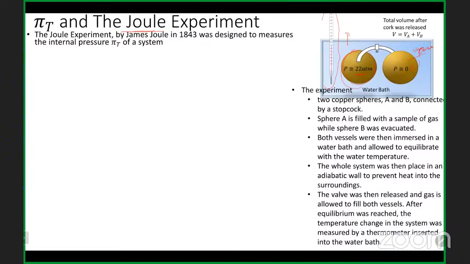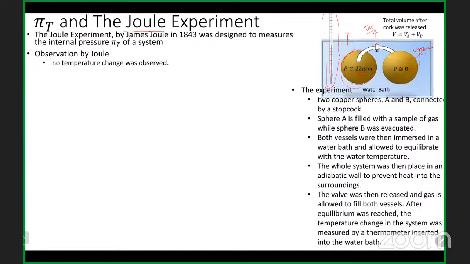Let's see what happens. This is a tap. So what did he try to do? He tried to measure what happens if a gas expands into vacuum. If the gas expands into vacuum, what happens? He wanted to know whether there would be a temperature change.